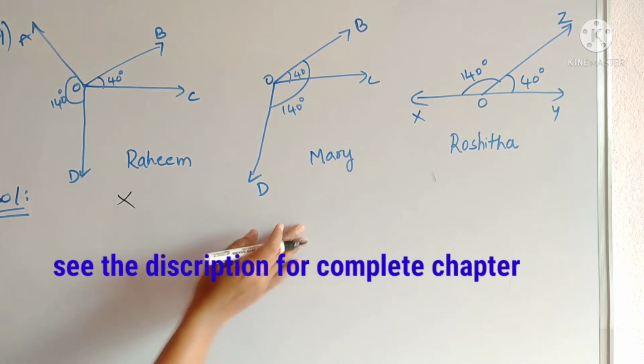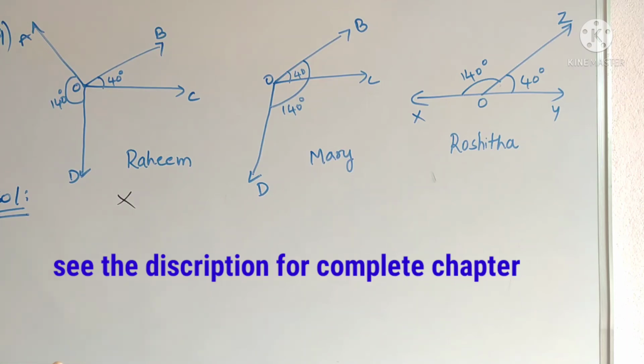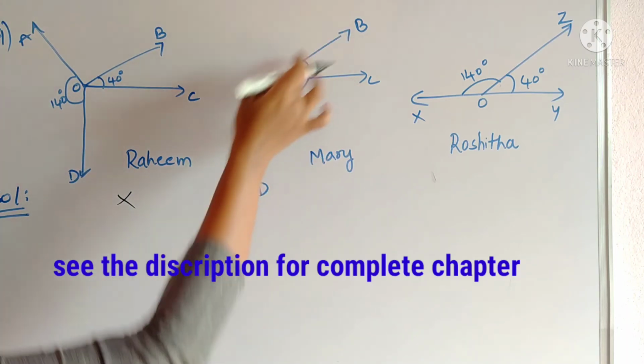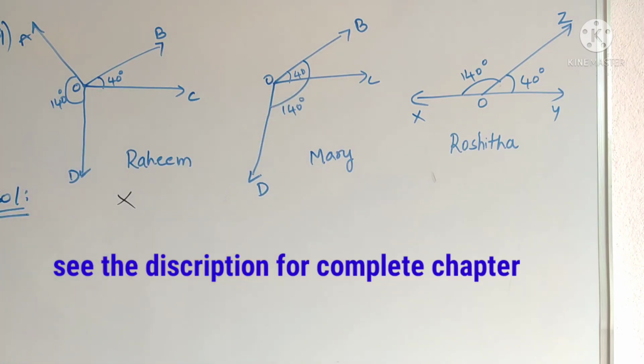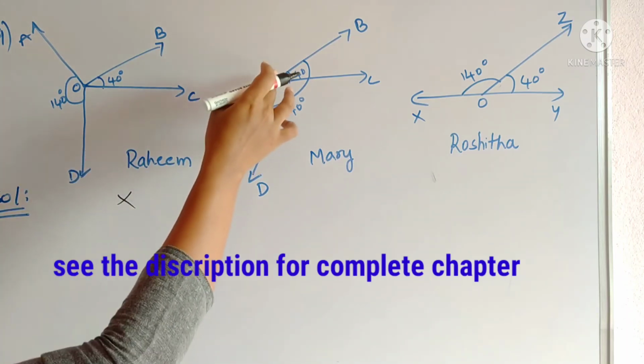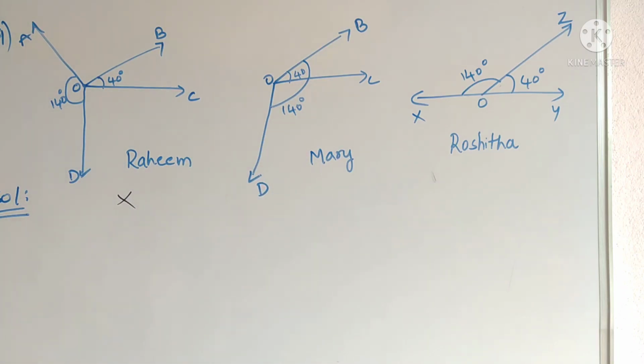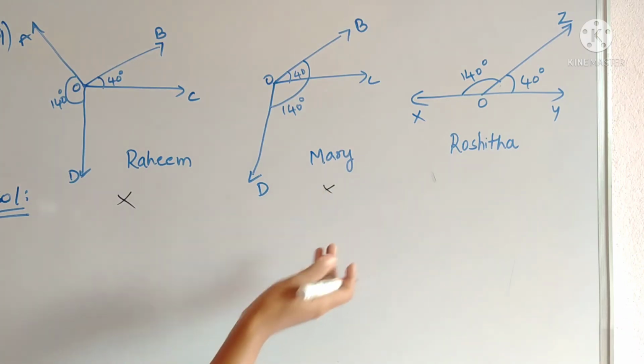And coming to Mary, here also angle COD, total angle 140 and this angle BOC 40 degrees. Yes, they are adjacent angles, but they are not forming a straight line. Okay, so they are not a linear pair. So Mary's answer is also not correct.